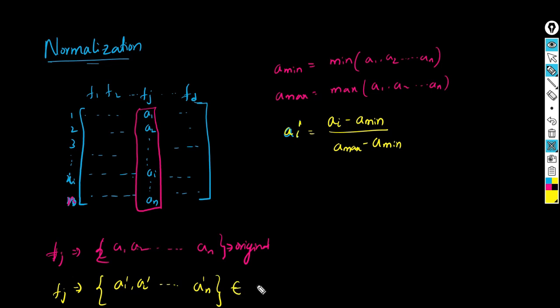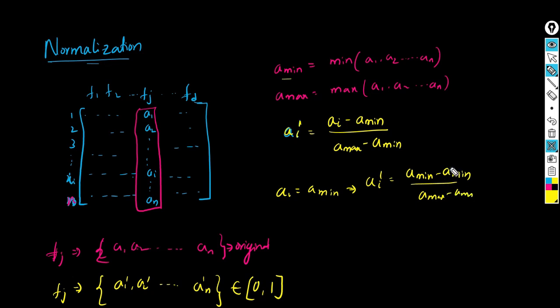And the range of these values will be 0 to 1. Let us check this one also. Suppose we consider the minimum value, a min. When ai is a minimum, at that time ai bar is equal to a min minus a min by a max minus a min.